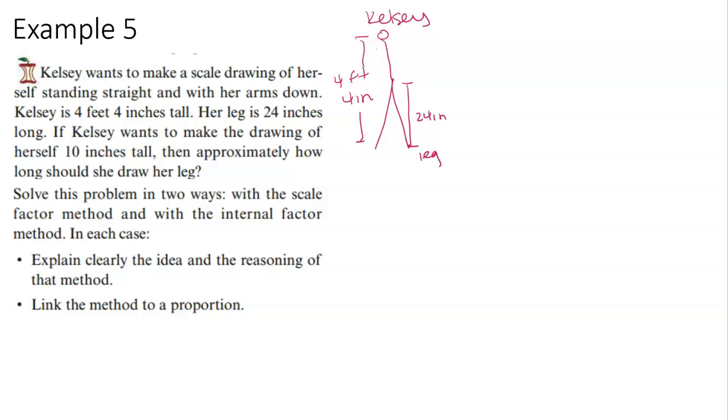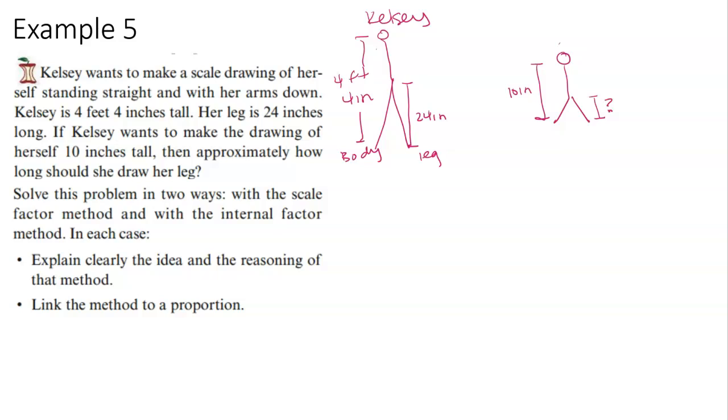So that's her leg, and that's her body. If she wants to make a scale drawing of herself 10 inches tall, so here's little Kelsey, and she's going to be 10 inches tall, how long should her leg be?